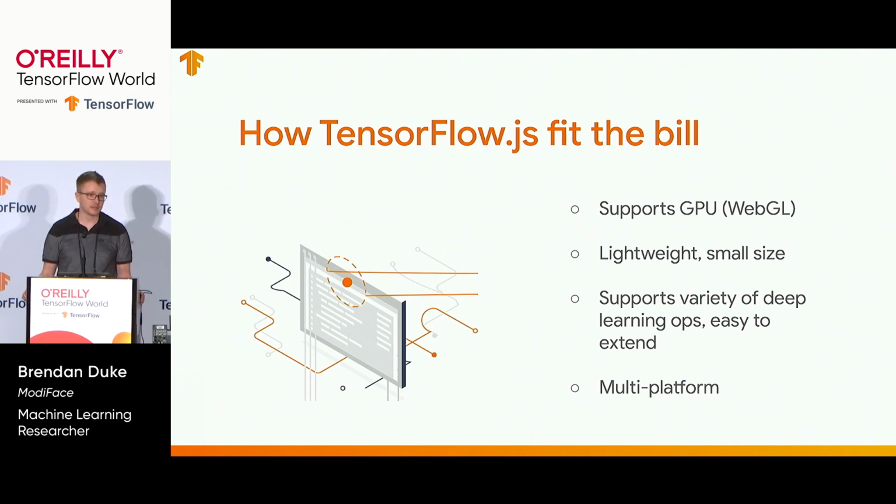And thirdly, TensorFlow.js both has widespread support for built-in deep learning operators and also allowed us to extend it with our custom operators that we need for our face tracking. And finally, TensorFlow.js supports a wide variety of mobile phone models and has continuous support from the TensorFlow.js team. So for these 4 reasons, we chose TensorFlow.js as the framework to deploy our makeup virtual try-on on the WeChat plugin.